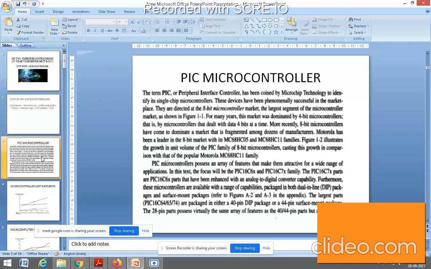The volume of the PIC family has been growing rapidly in recent years, very popularly.